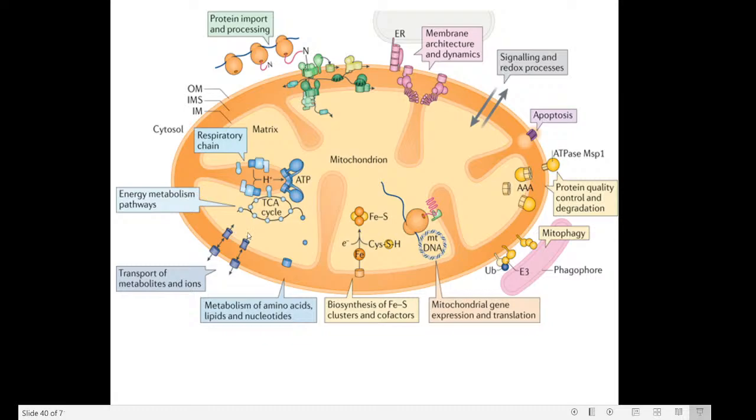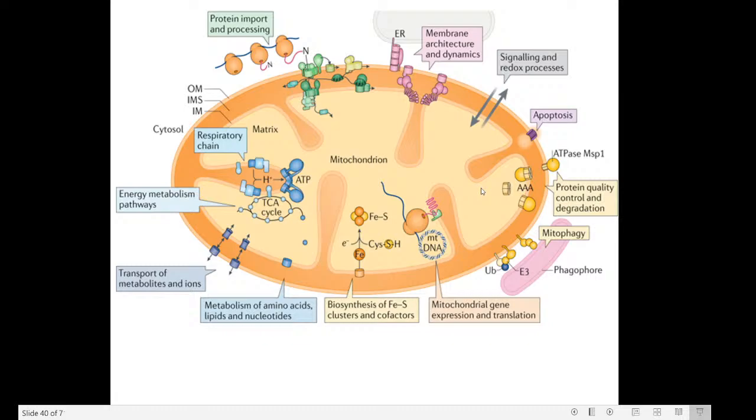It has the respiratory chains, and protein transport and processing happen in the mitochondria. Membrane architecture and dynamics depend on mitochondrial signaling. Redox signaling and redox processes happen in the mitochondria. The main thing is that the apoptosis signal is transported through the mitochondria.